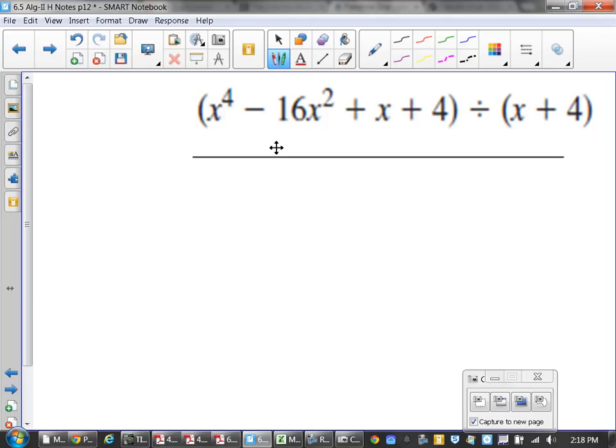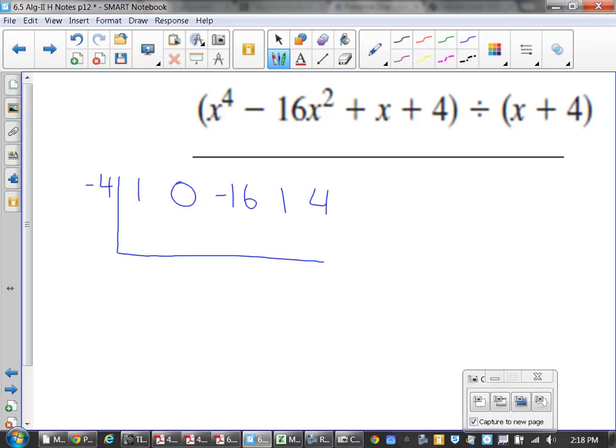So here I'm going to do x to the 4th minus 16x squared plus x plus 4, and I'm going to divide it by x plus 4. So if I'm dividing by a term of x plus 4, what is its 0? Negative 4. Good. So I have negative 4 to start with, and I'm going into 1, 0, negative 16, 1, 4.